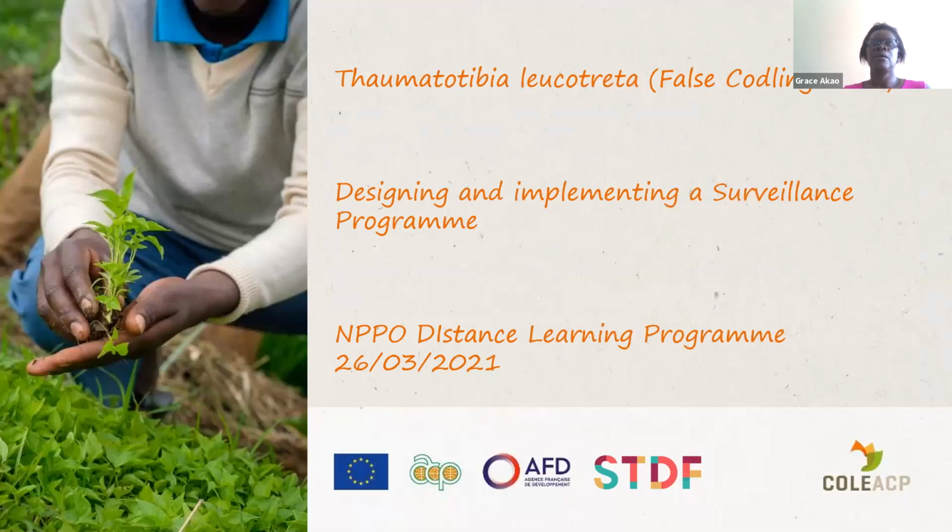We are saying that in this particular presentation, we are narrowing down to design a surveillance program for false codling moth that we can implement. It's just a case study, like Dr. mentioned.